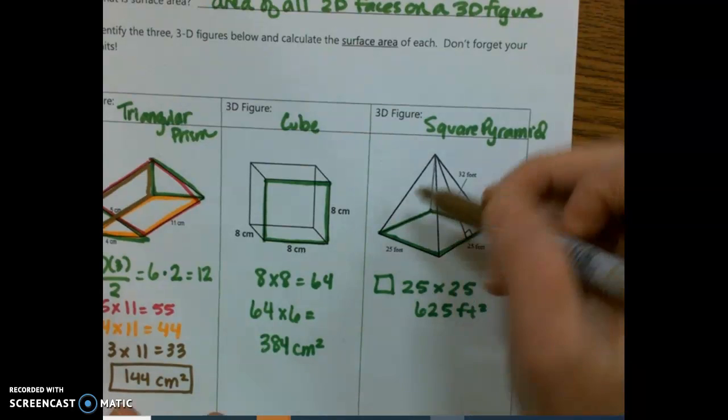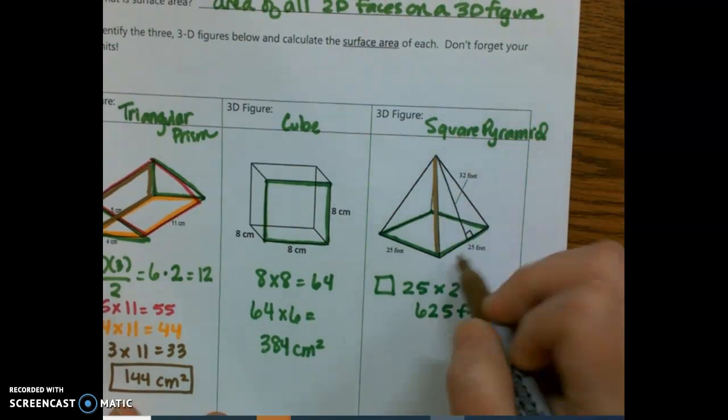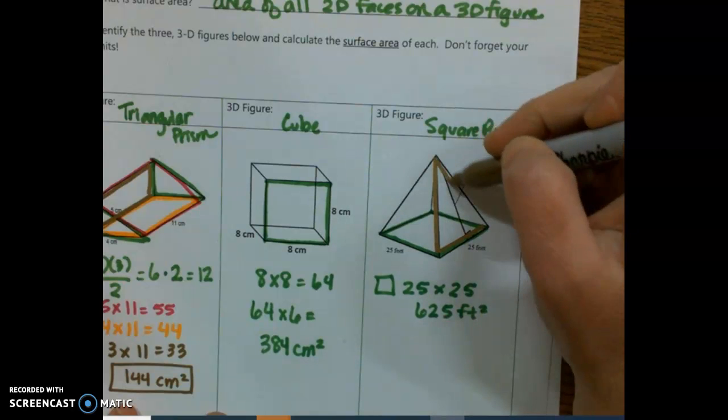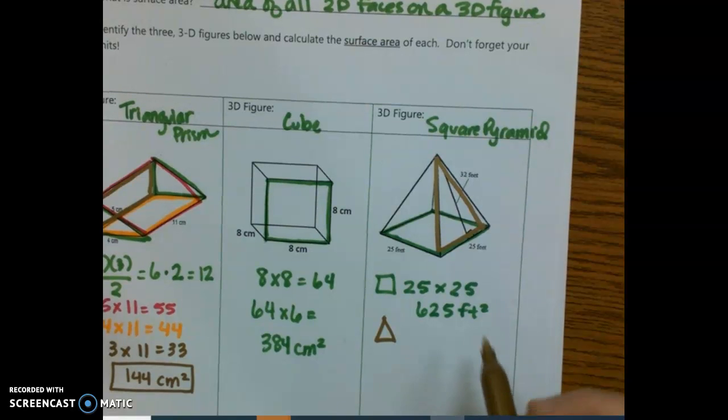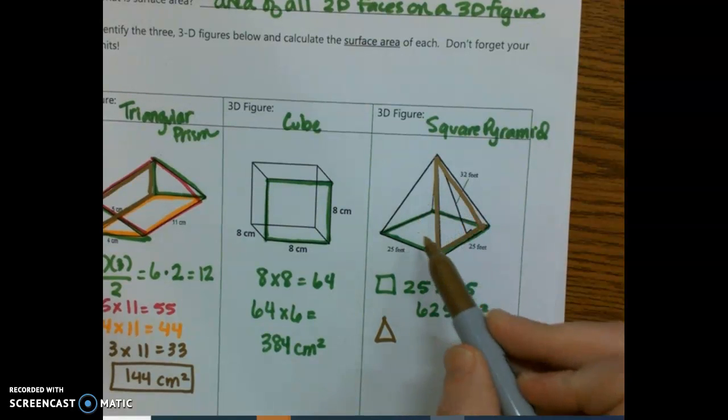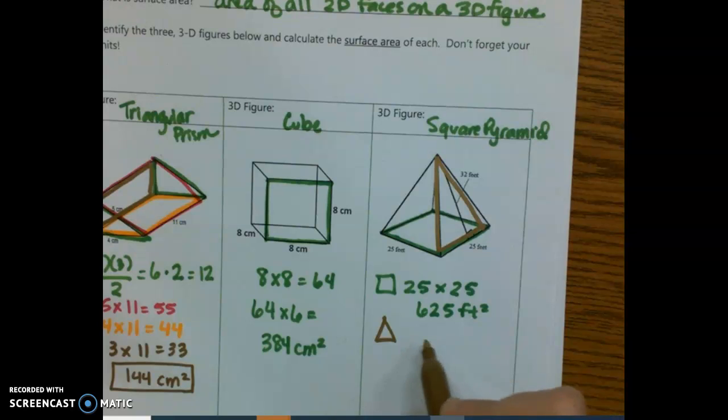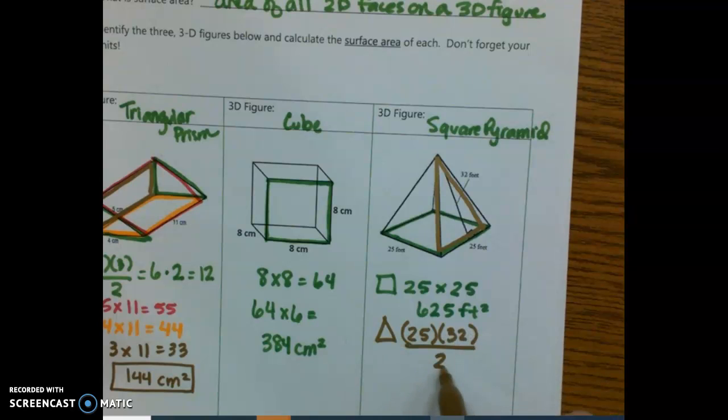Okay, now I have 4 triangles. Because this is a square, each triangle is going to have the same base and the same height. So if I can find the area of one triangle, I can multiply it by 4. So the area of one triangle is going to be 25 base times height of 32 divided by 2.